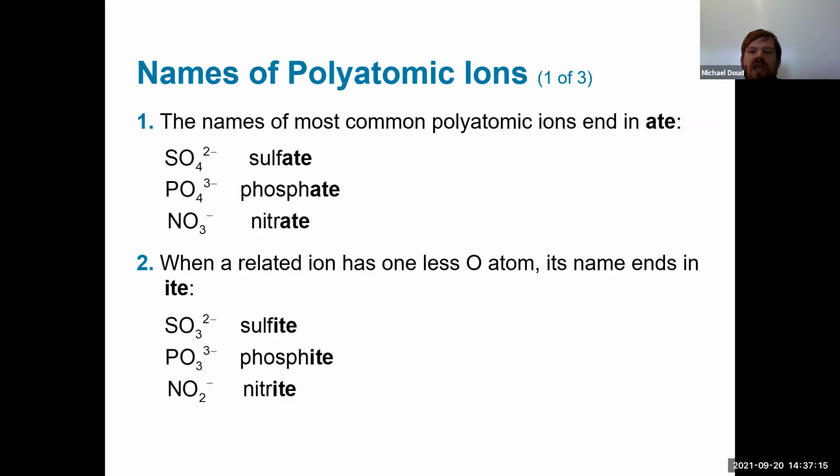So it's ate, one less oxygen atom becomes ite. So sulfate at SO4 2- becomes sulfite at SO3 2-. Phosphate PO4 3- becomes phosphite at PO3 3-. And nitrate at NO3- becomes nitrite at NO2-.